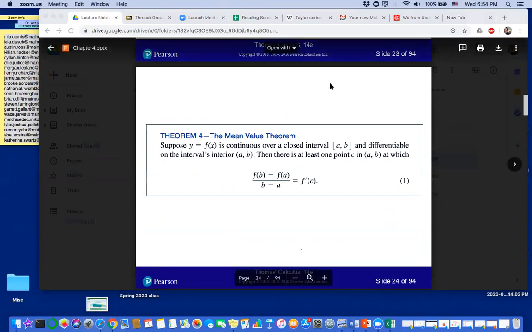So the mean value theorem is a kind of generalization of Rolle's theorem. Okay, in the mean value theorem, the statement is right here in front of you. I'm going to read it to you, and I want you to memorize this for the final.